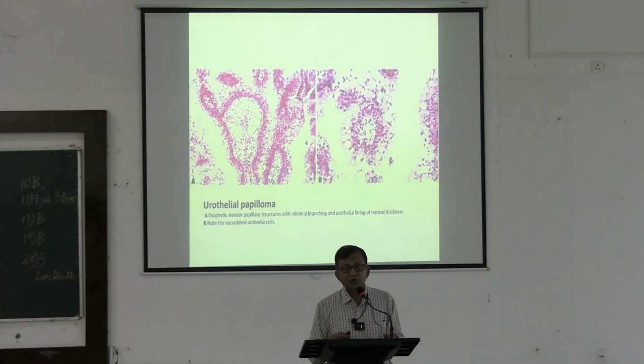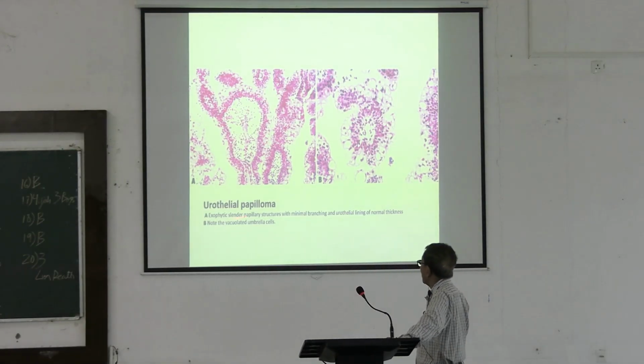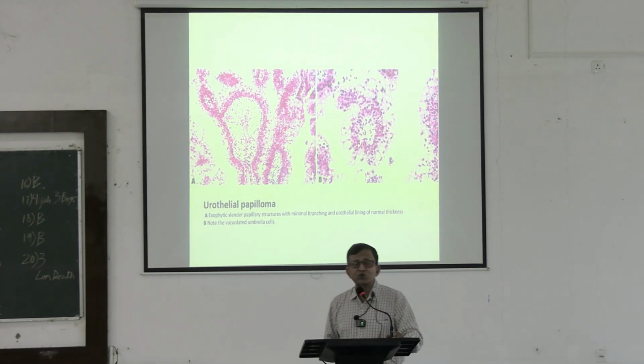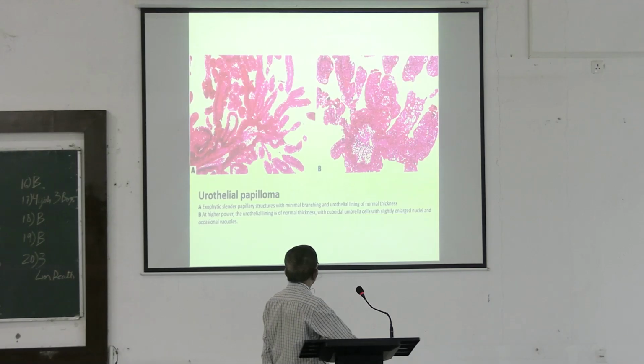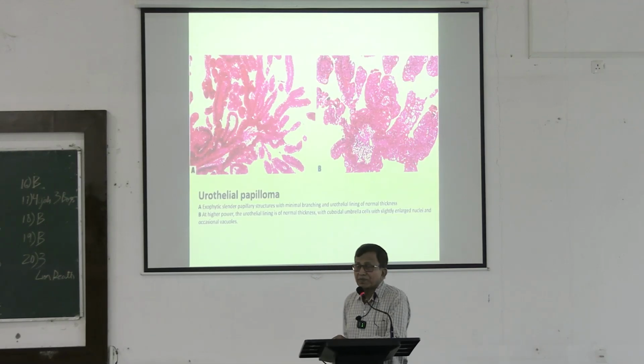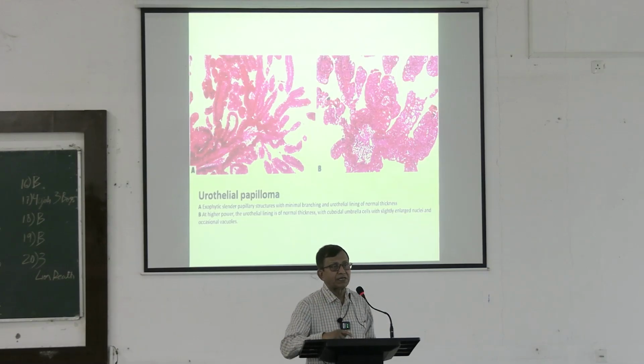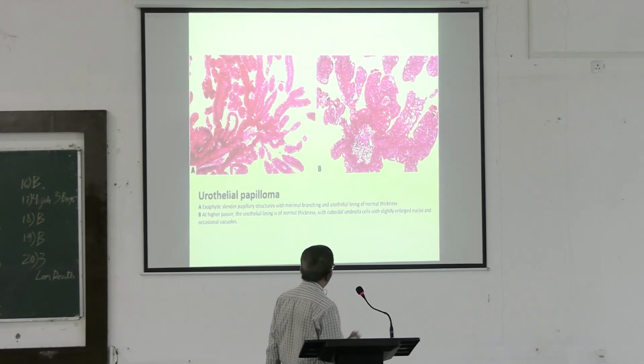So our diagnosis, or your diagnosis, will be urothelial papilloma. The mucosa is slightly thickened, but these are normal. Same thing in the schematic diagram I have drawn, the papillae-like, finger-like projections from the bladder mucosa. These are urothelial papilloma.